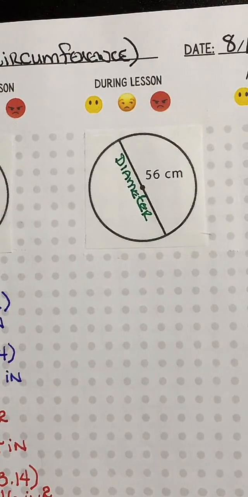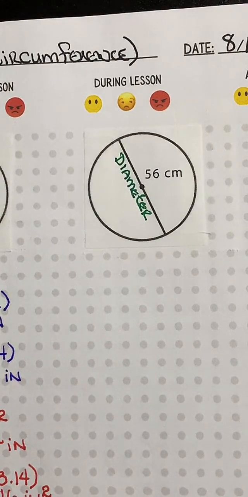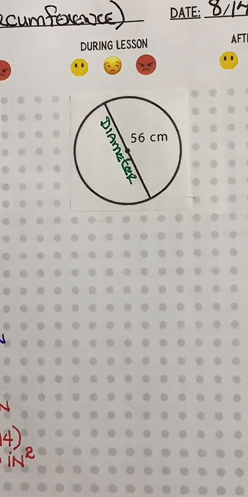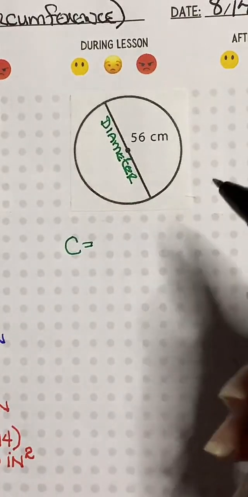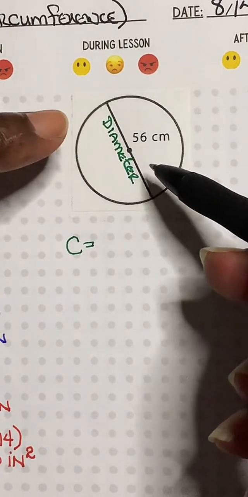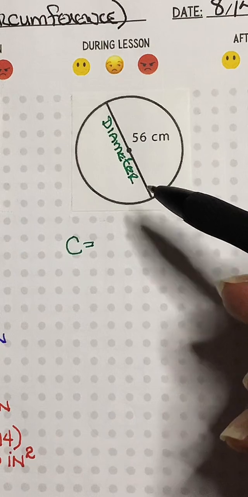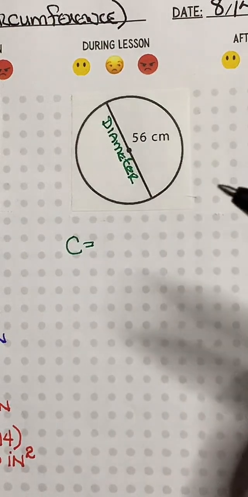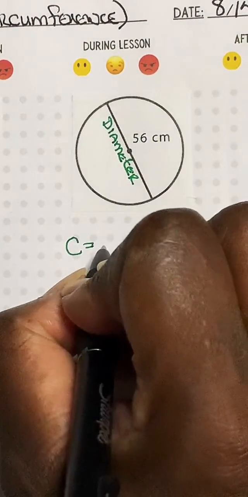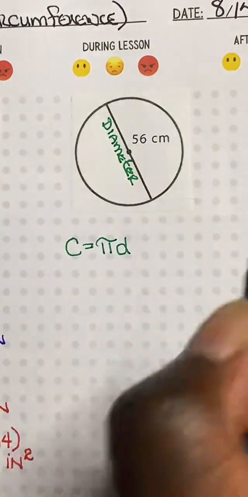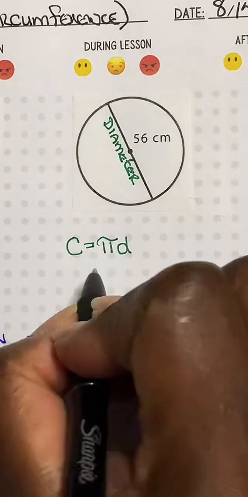Now, for us to do the circumference of this, since they gave us the diameter, that's the one thing I do like about this. Since they gave us the diameter, I don't have to take half of 56, then multiply it by 2 in order to satisfy the 2 pi r. It's already pi times my d, and the d means the diameter.